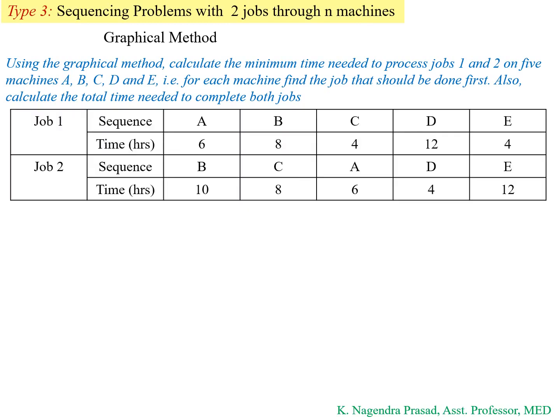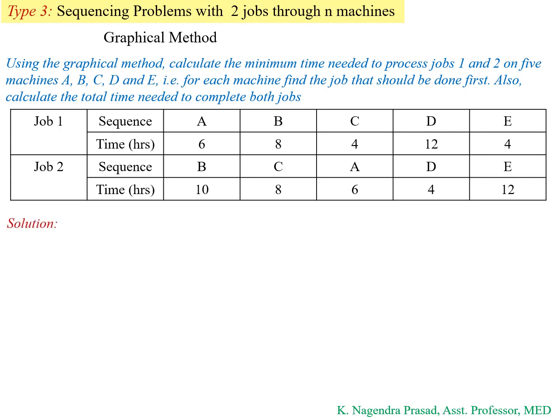Here it is given that there are two jobs, job 1 and job 2, through the 5 machines A, B, C, D and E. The sequence of job 1 is A, B, C, D, E and job 2 is B, C, A, D, E, and the machining times for job 1 and job 2 are also given for the respective machines.